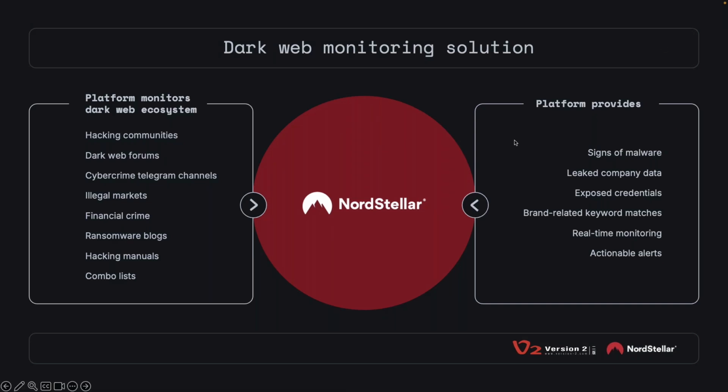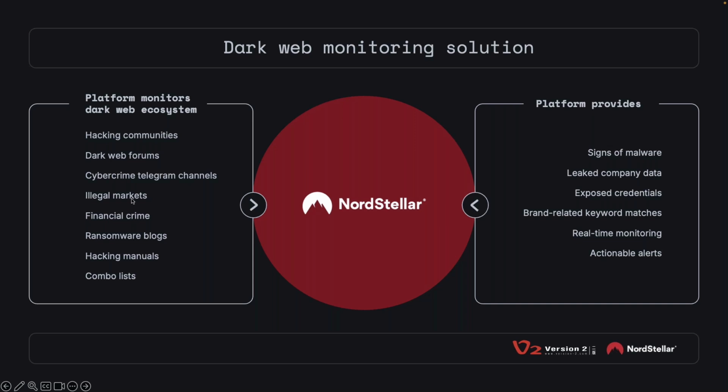So let's talk more about what we can do for the platform of the dark web ecosystem. We look after the hacking communities, the dark web forums, and we also have the cyber criminal Telegram channels. Telegram you can join, but there are too many, right? And sometimes you have to think twice before joining them, because you being one of them doesn't mean they don't want to attack you, right?